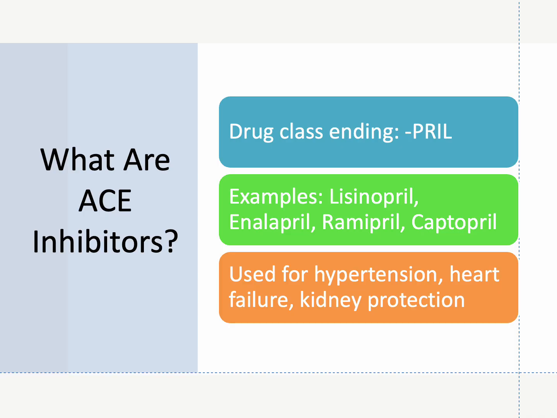Someone that has low kidney function, we're wanting to increase the use of their kidneys, and we're wanting to protect that kidney so they can last longer and do everything it's supposed to do. So that's part of the reason why we use them for that.